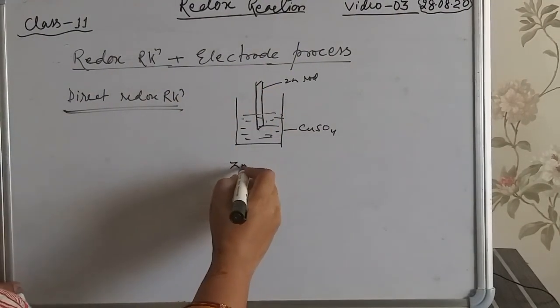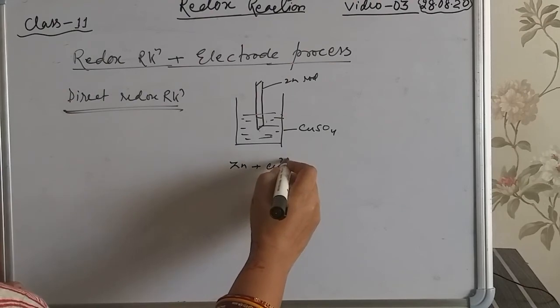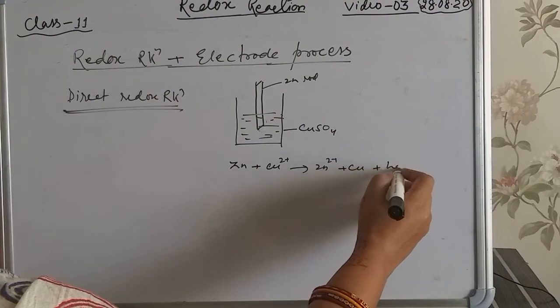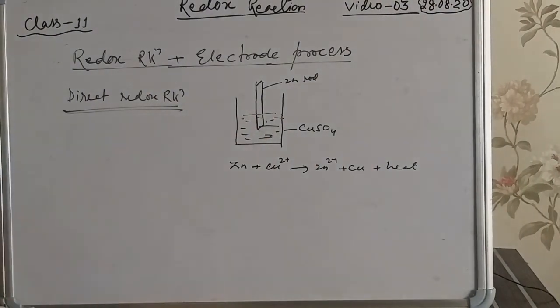Zinc reacts with Cu2+ to form Zn2+ and copper, and heat is evolved. This is the direct reaction.